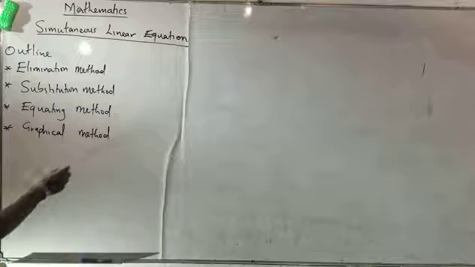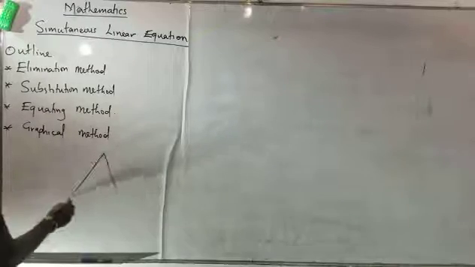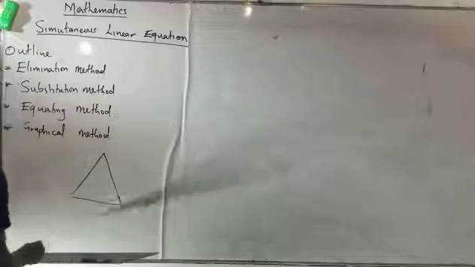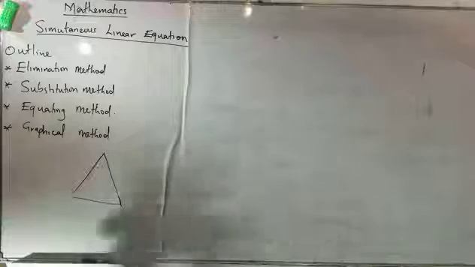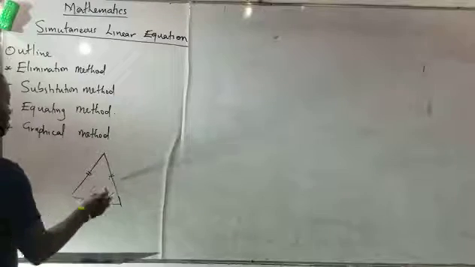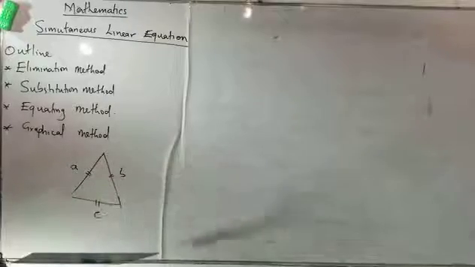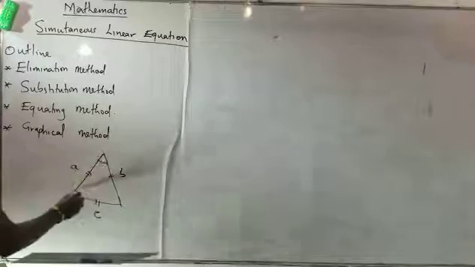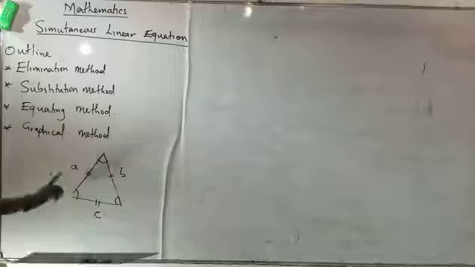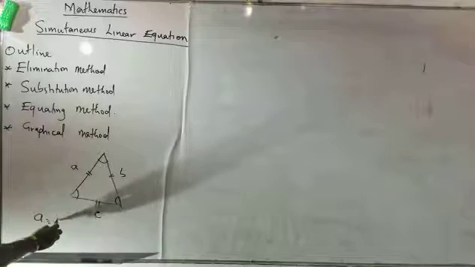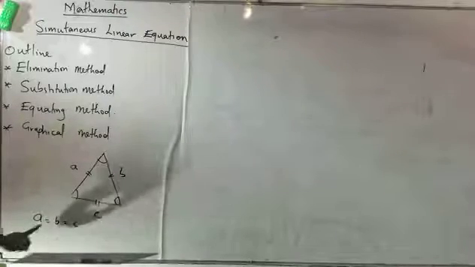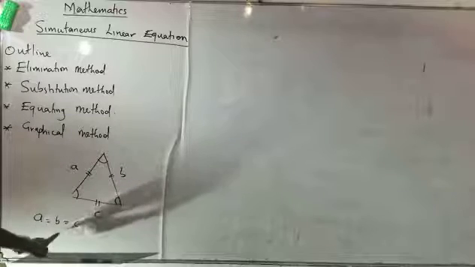For instance, I love to use this as an example. This is an equilateral triangle, which tells us that all the sides are equal: A, B, C. You know that this is an angle and these are sides. Now, A equals B equals C. How many equality signs are we talking about here?